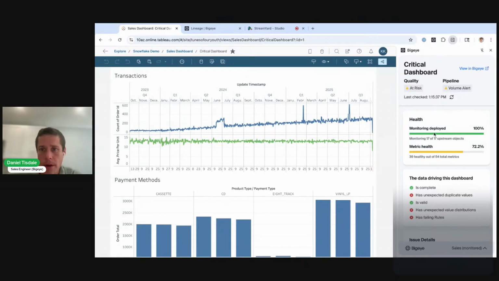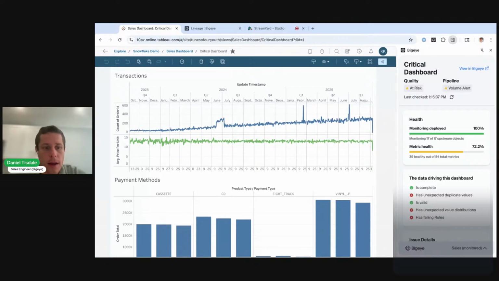So starting at the top here under health, this is telling me two key KPIs related to the health of the data that's feeding this dashboard. The top one here, monitoring deployed, 100%. What that's telling me is a coverage ratio: how many do we have at least some Bigeye metric that has been deployed on one of the columns that's feeding into this dashboard, or one of the columns upstream of the layer that's feeding into the dashboard.